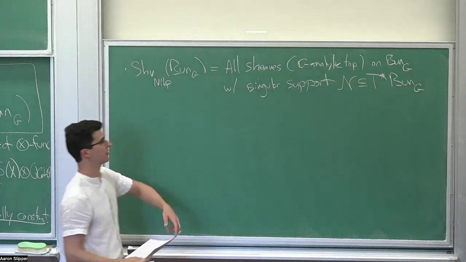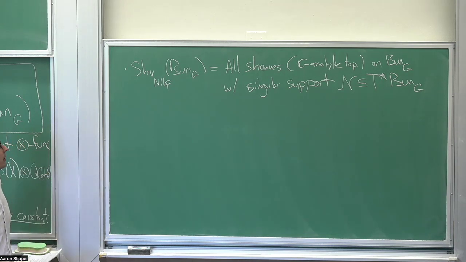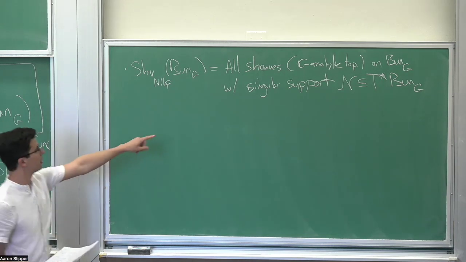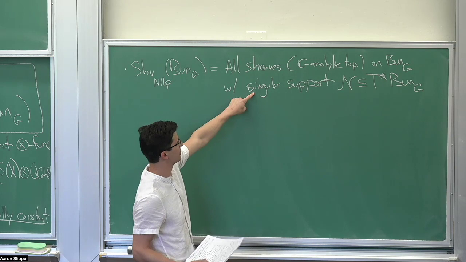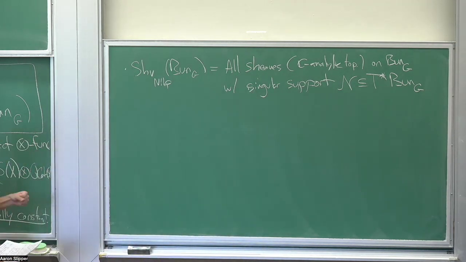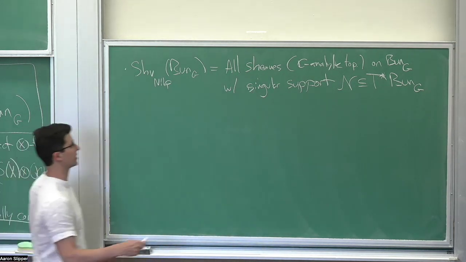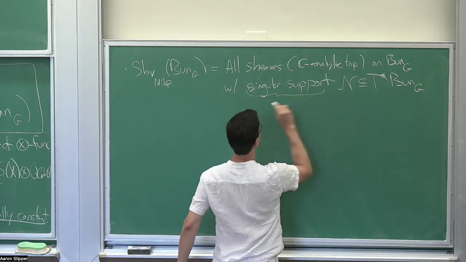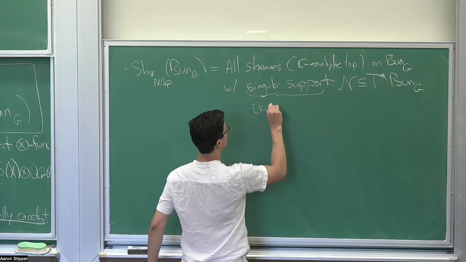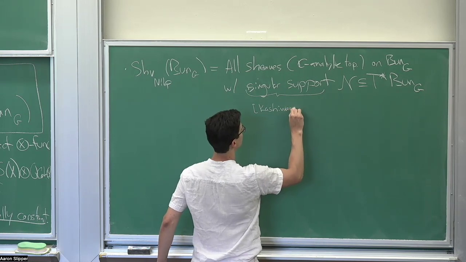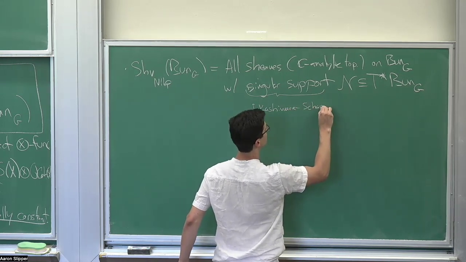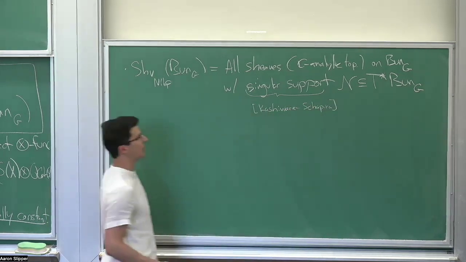Recall this is just the zero section of the Hitchin map. And here, singular support is in the setting that Akhil introduced to us, in the sense of Kashiwara-Schapira. So vanishing cycles vanish.